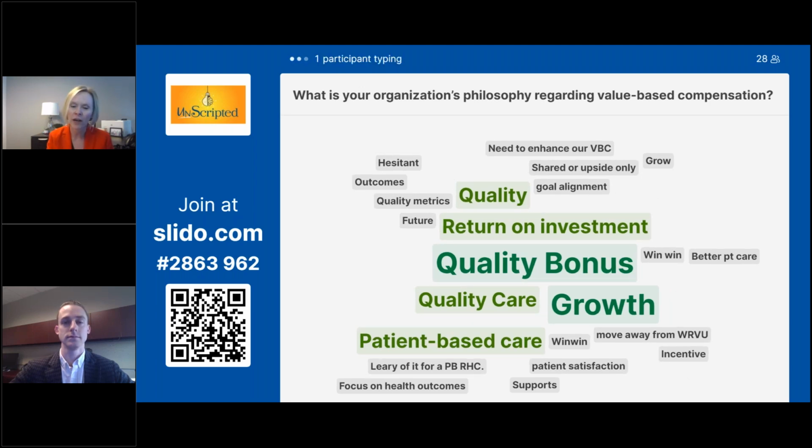Speaking of hesitant or leery, please know that we're using Slido and the Slido process today because your responses are confidential to us in Slido. So while we know who's attending today based upon the registration through GoToWebinar, your responses through Slido are confidential.